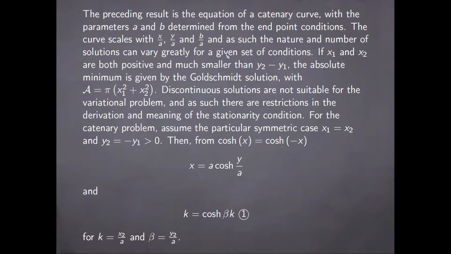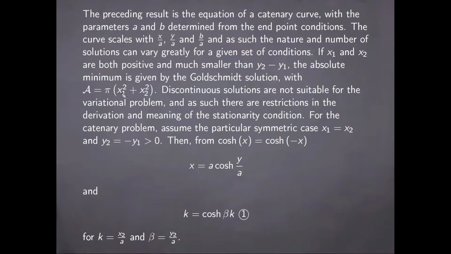If x1 and x2 are both positive and much smaller than y2 minus y1, the absolute minimum is given by the Goldschmidt solution with the expression here. So what the Goldschmidt solution provides is simply the area of the disks at the endpoints of the surface.